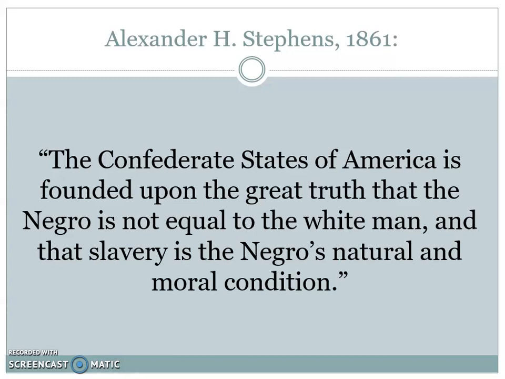A speech given by the Confederate Vice President Alexander H. Stephens in 1861. In this speech, Stephens said the following: "The Confederate States of America is founded upon the great truth that the Negro is not equal to the white man, and that slavery is the Negro's natural and moral condition." Anything about states' rights there? No.